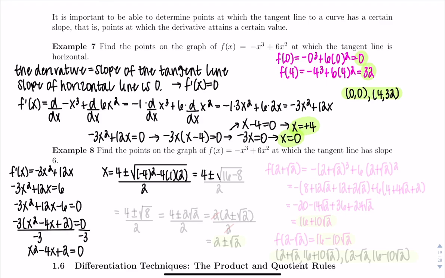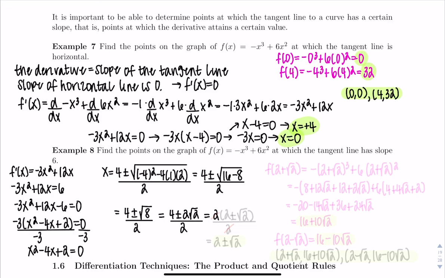That's 4 plus or minus the square root of 16 minus 8 all over 2. And so we get 4 plus or minus the square root of 8 all over 2, or 4 plus or minus 2 square root of 2 all over 2.